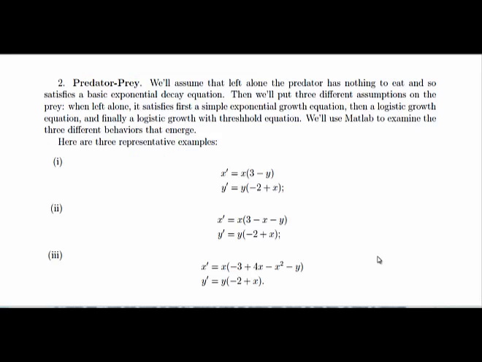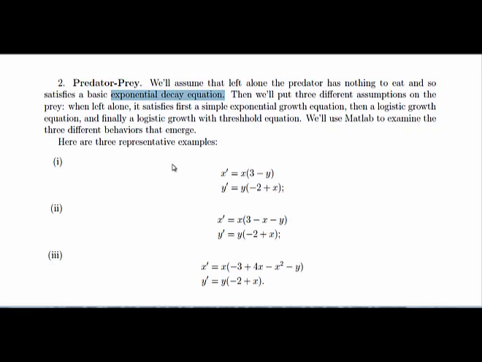Now we'll turn to predator-prey, and we'll look at 3 examples. In every one, we'll assume that the predator takes the following form. If left alone, he has nothing to eat, and so satisfies a basic exponential decay equation. Then we'll put 3 different assumptions on the prey.